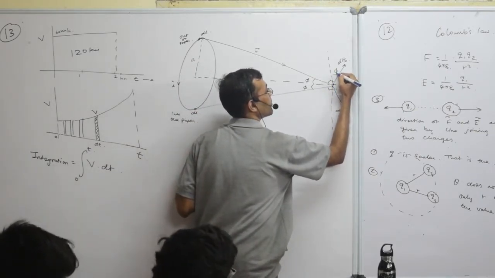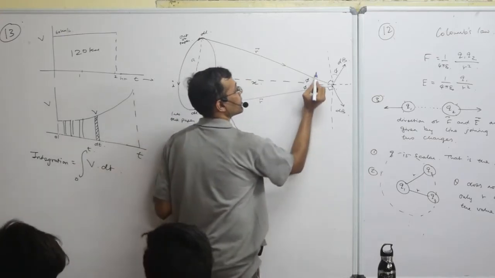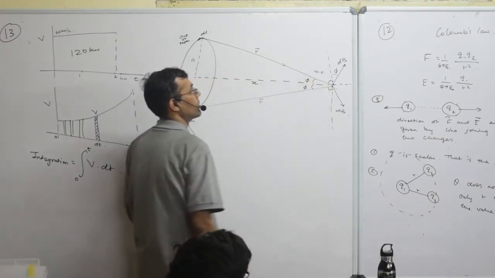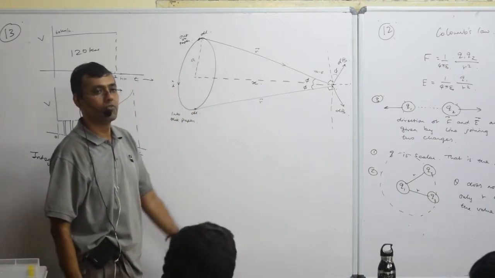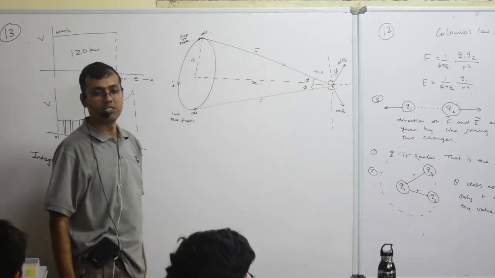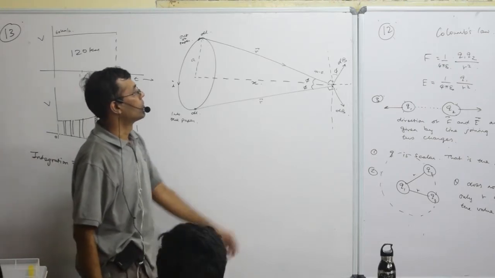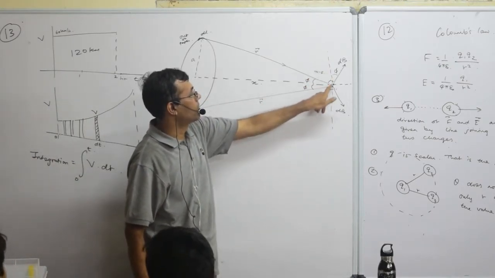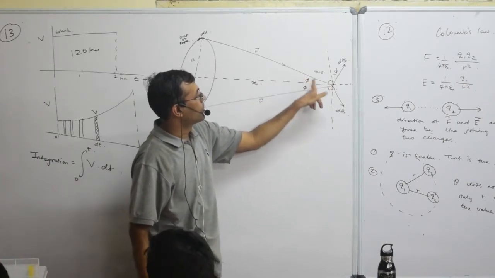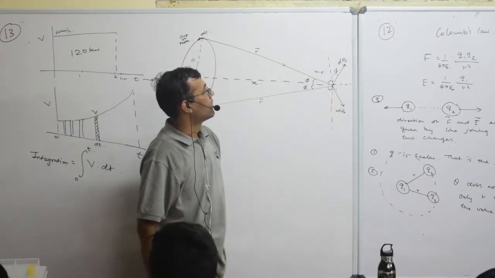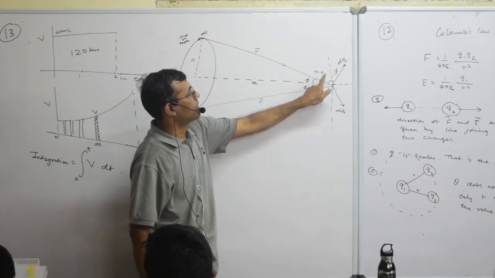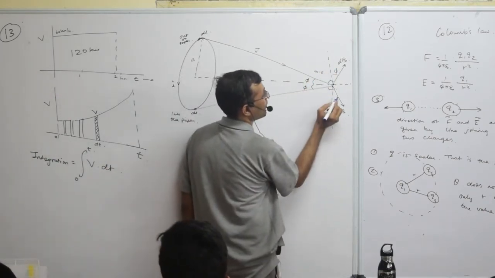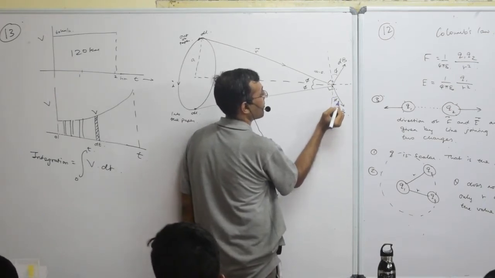Following that? If you have doubt, make a small note in pencil. It's not required, because if you write too many things, it will become very busy and you will not be able to understand what is important. So this is phi, this is 90 minus phi, because this is 90 degree. But you know that this and this are 90 degree, which means if this is 90 minus phi, this has to be phi. Based on the same logic, this is also phi.